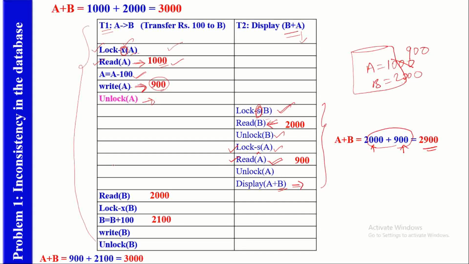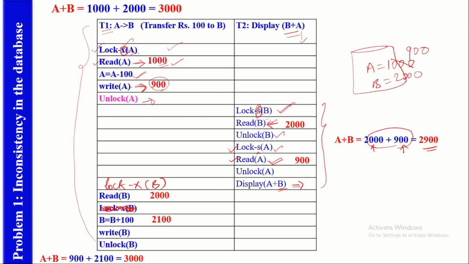And after that, this instruction must come up. Lock exclusive on B. Students, after performing this, T2 resumes its operation.